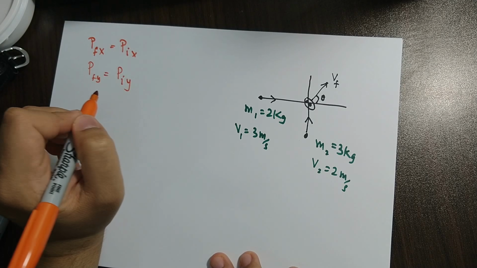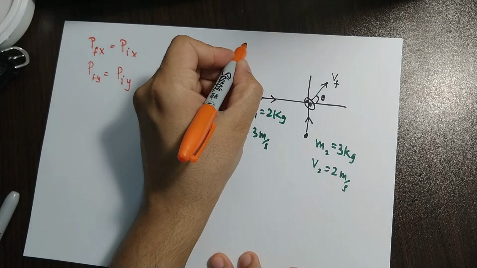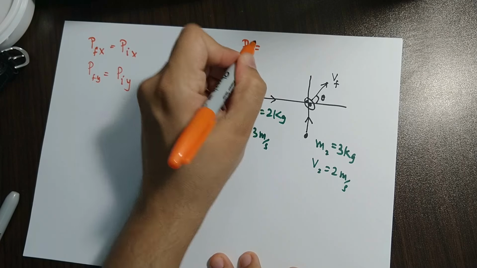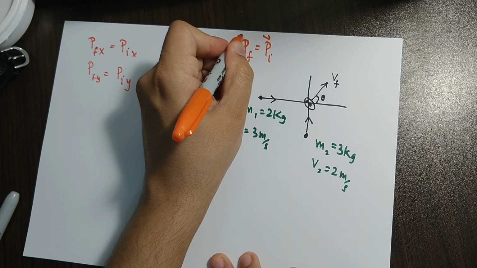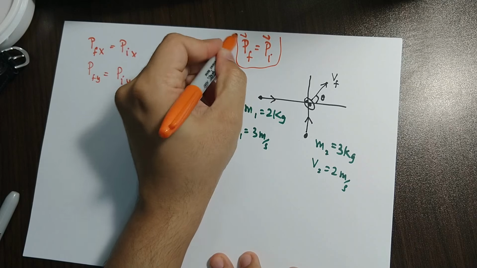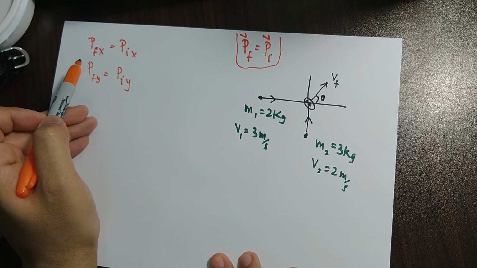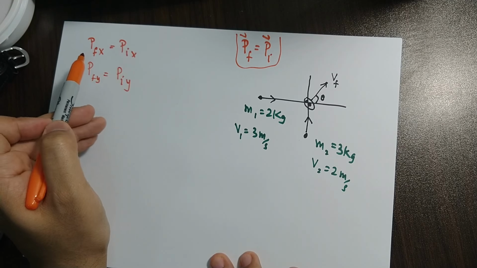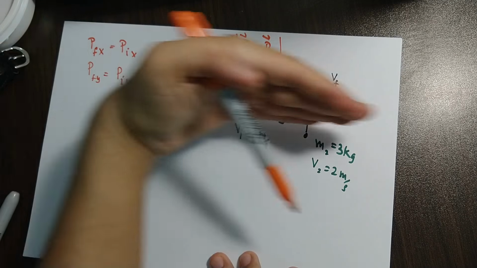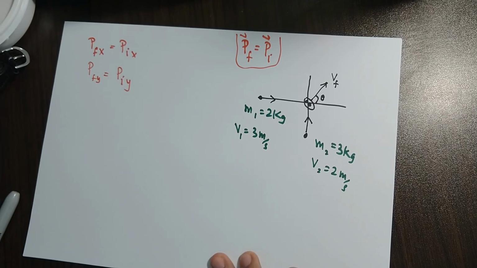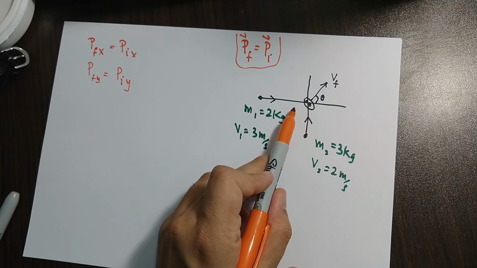In other words, conservation of momentum is a vector equation, so you have to make sure that momentum is conserved separately in the x direction and in the y direction.